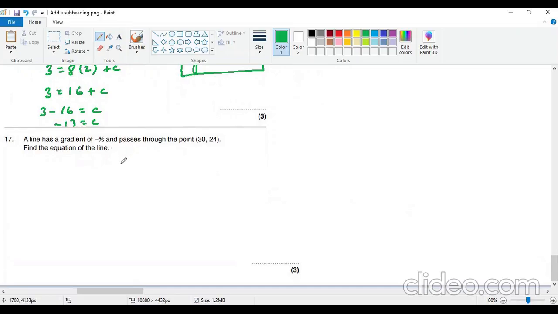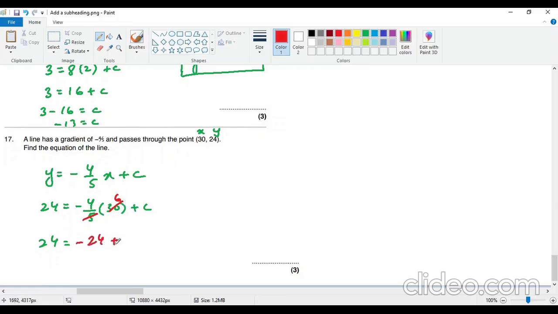Next is almost the same. The gradient is already given: y equals negative 4 over 5 x plus c. These are the two points; this one I'm taking as x and this one as y. So 24 equals negative 4 over 5 times the value of x, 30, plus c. That means 24 equals negative 4 times 6, so it's going to be minus 24 plus c.